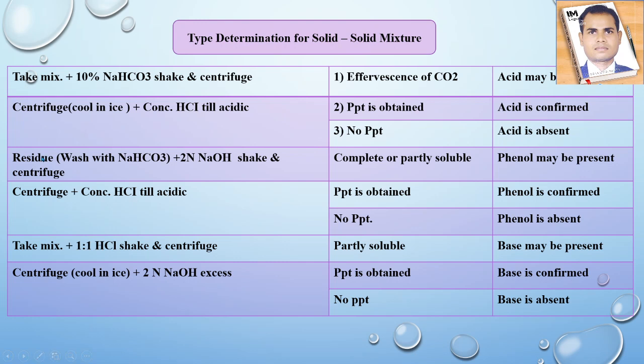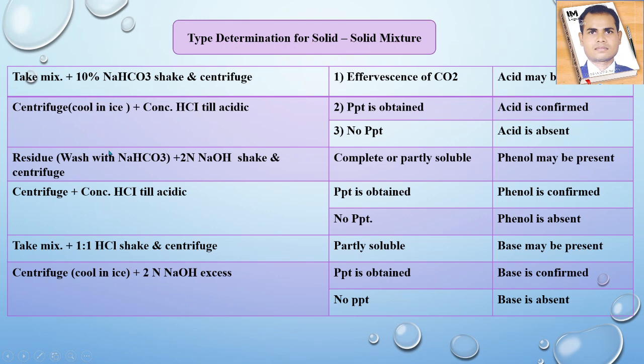First of all, we take the mixture, add 10% sodium bicarbonate, shake, and centrifuge it. The observation will be effervescence of CO2. If CO2 effervescence is seen, then acid may be present, but it is not yet confirmed.